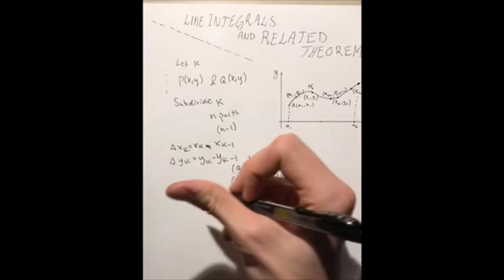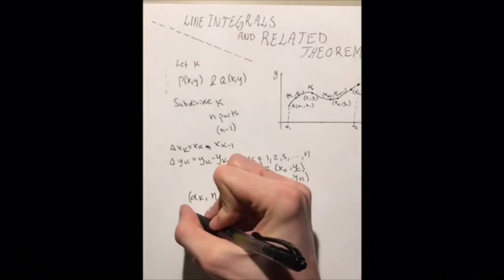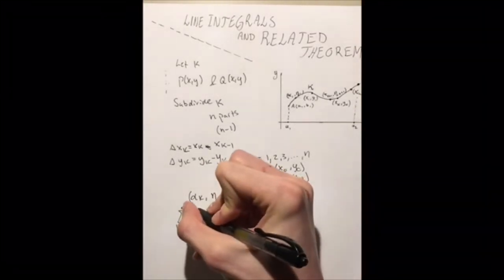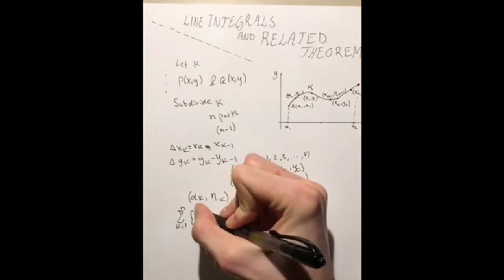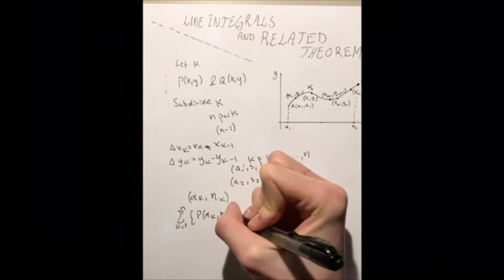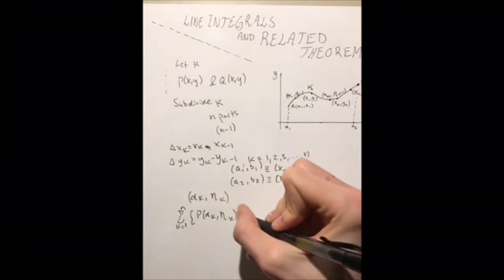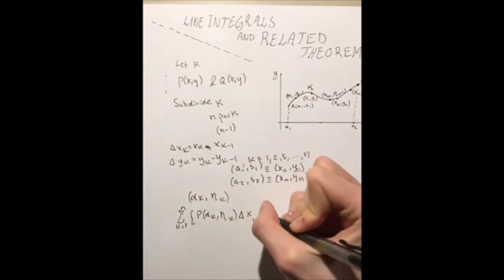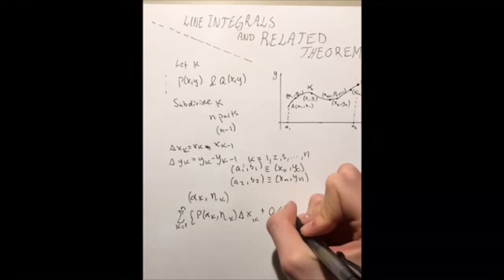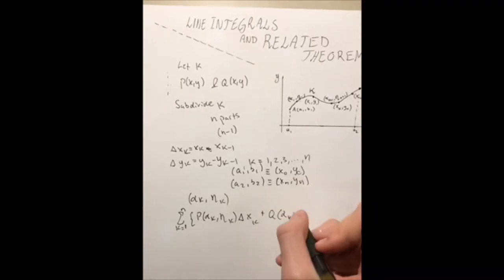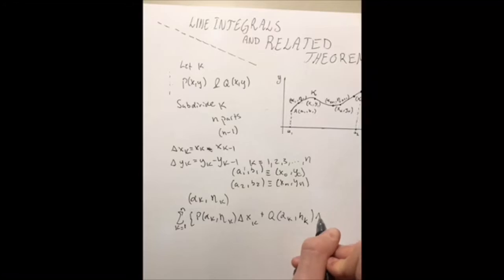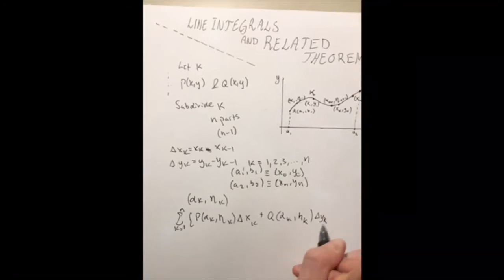Then, after that, form the sum running from k equals 1 to n of P of alpha k eta k times delta xk plus Q of alpha k eta k times delta yk.